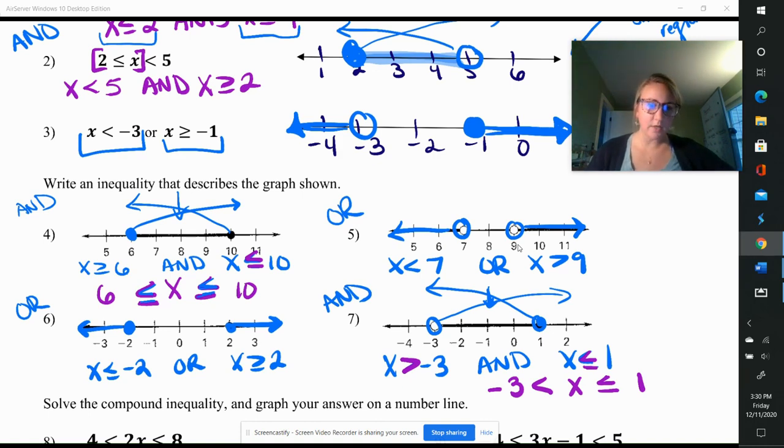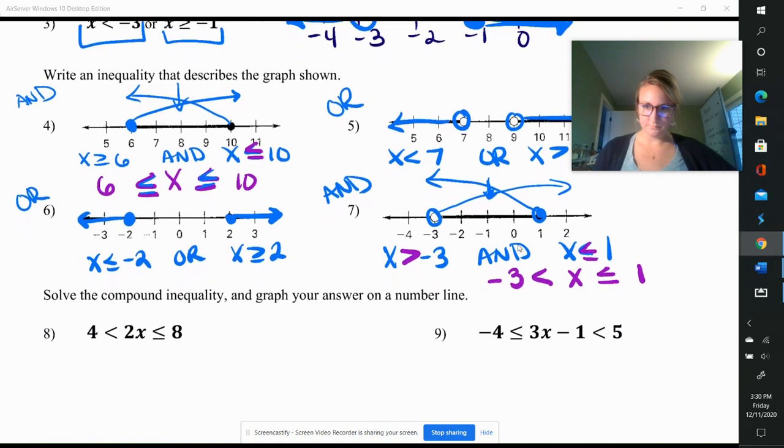So that's graphing compound inequalities, writing compound inequalities. Now let's get to solving compound inequalities.